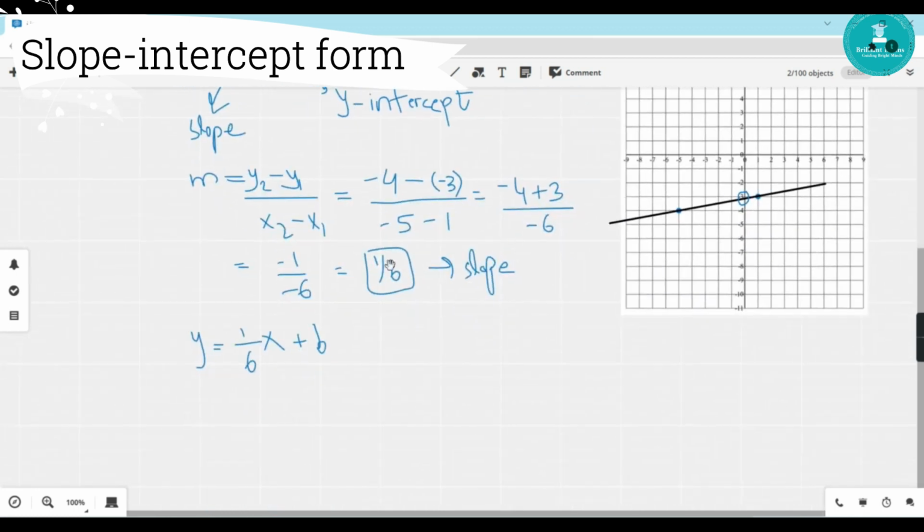I'm going to replace the x and y value with the first point, x equal to 1 and y equal to -3. Let's plug in the values here. y is -3 equals 1 by 6, x is 1, plus b.